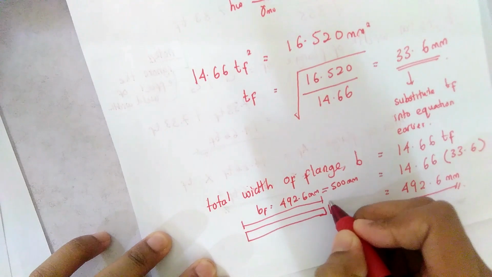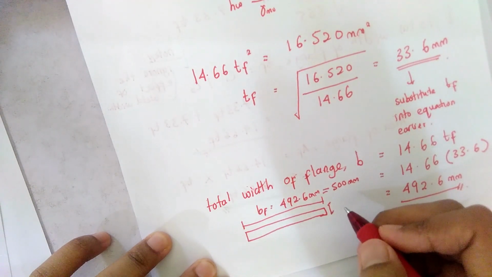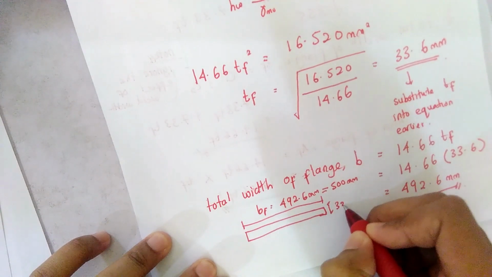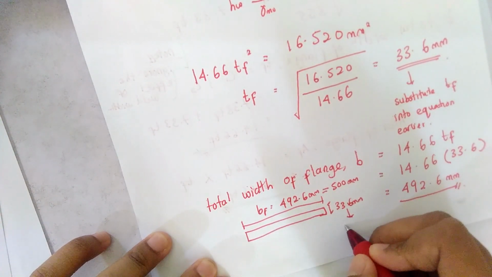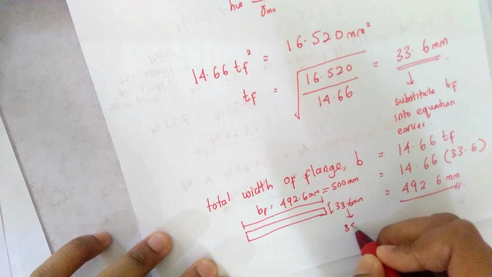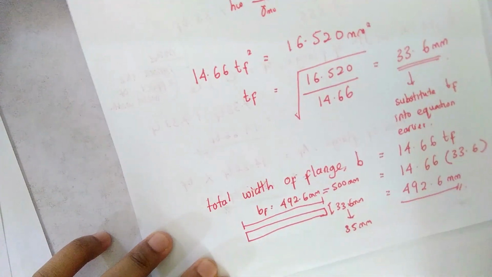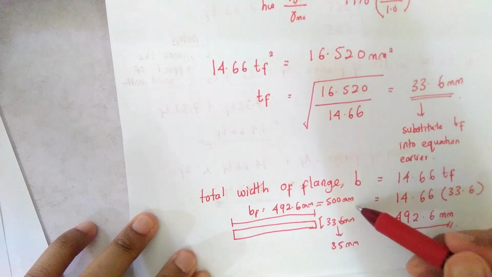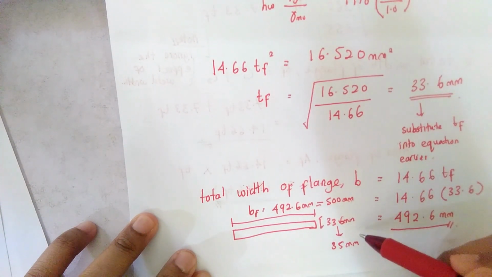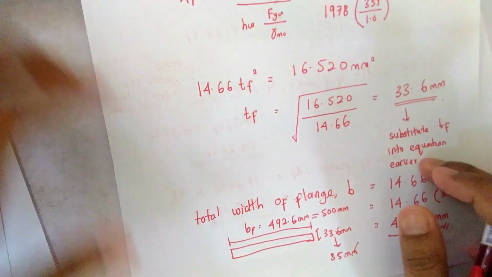And then the thickness of flange is 33.6 mm, where you also can round it up to 35 mm. So now you have done the flange width and the flange thickness.